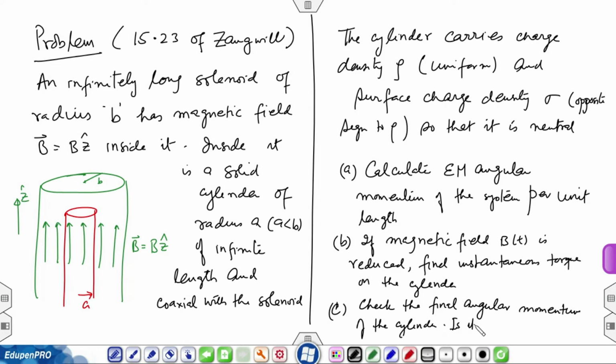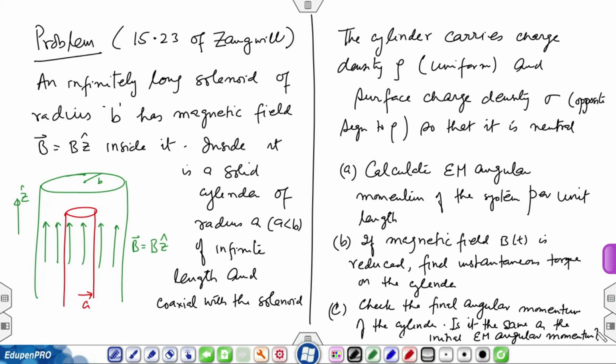Is it the same as the initial EM angular momentum? So, these are the questions that we are asking.